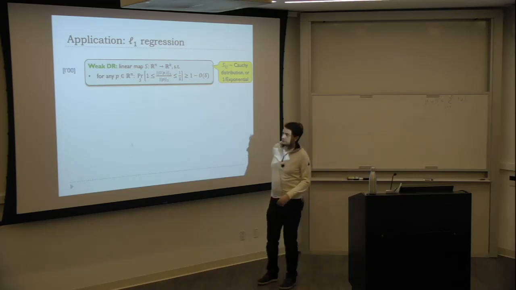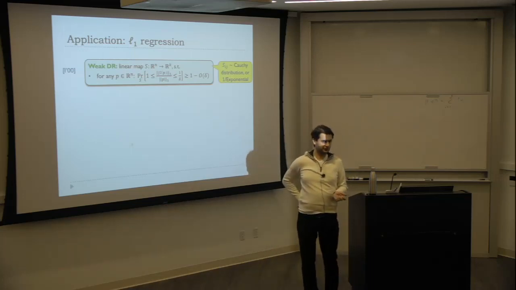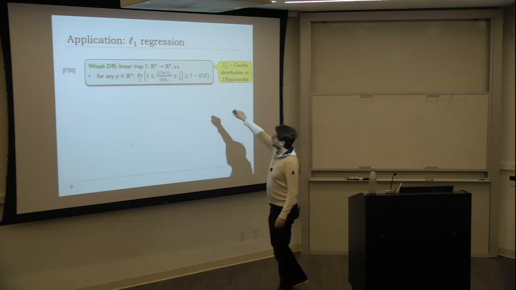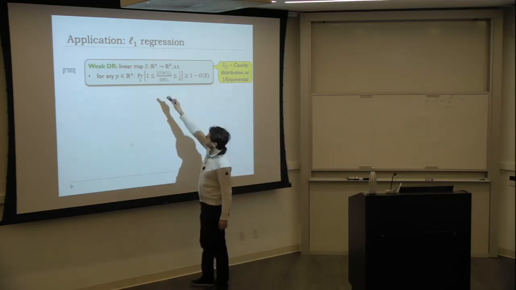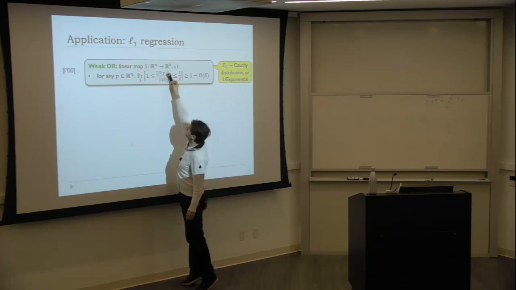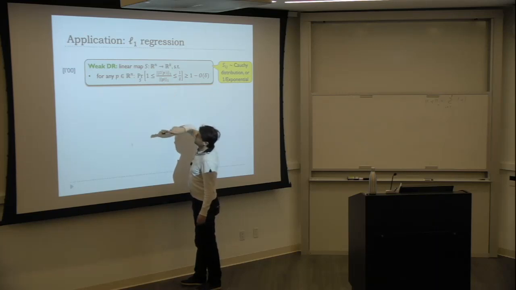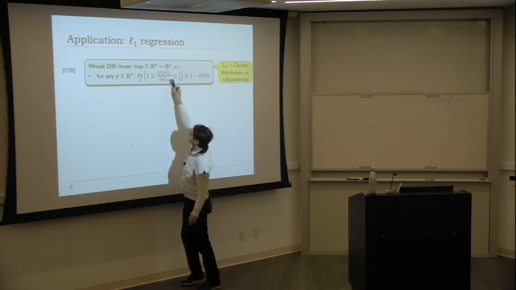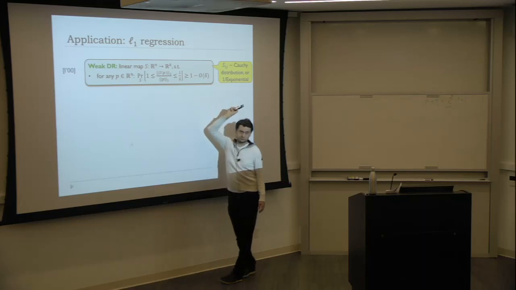In particular, you can define what I'll call a very weak dimension reduction. Okay, so now it looks more like an actual dimension reduction. Namely, we take a linear map S, and we compare the L1 norm of the projection, the dimension-reduced point S of P, to the L1 norm of P. And the weak dimension reduction has the guarantee that this ratio, the approximation, is between 1 and 1 over delta with probability roughly 1 minus order delta.